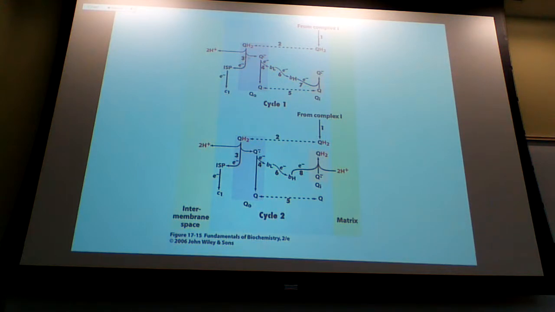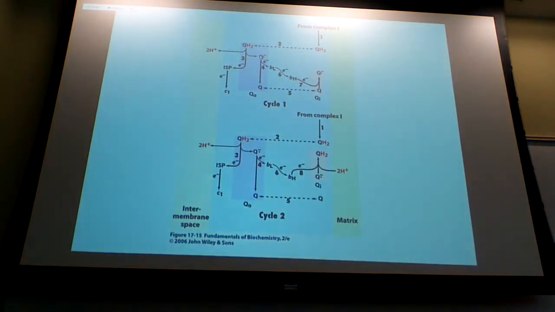So 1 electron goes to the iron sulfur cluster, that then is moved on to cytochrome C1. The quinone has to go back to the matrix side. And free radicals react with everything. And so you can't just have the quinone diffuse back as a free radical, because it won't keep that electron. It will react with something.